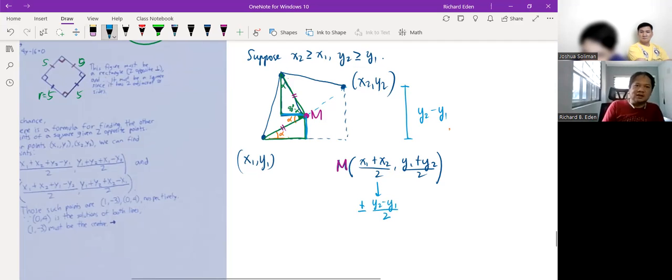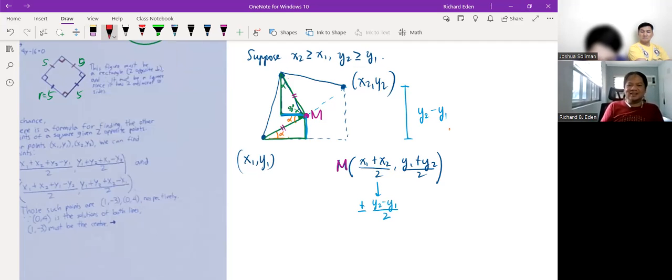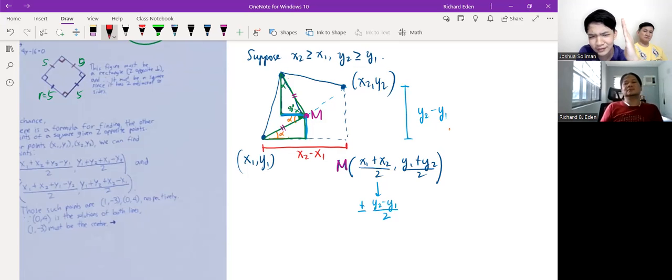And then from here to here, that's going to be x2 minus x1. Why, if the triangle is part of the pinwheel in the square, is the longer leg not included in the side of the square?